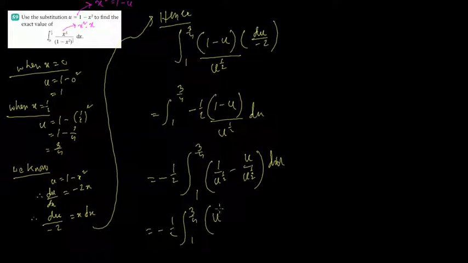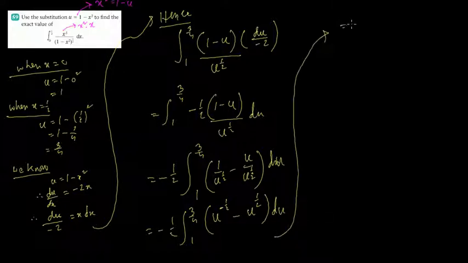So minus half, 1 to 3 by 4. This will be u to the power minus half if you bring this upstairs, minus, now the power of u is 1 and the power of this is half, so division means subtract the power. So 1 minus half is going to be half, so u to the power half du. Now let's do the integration.